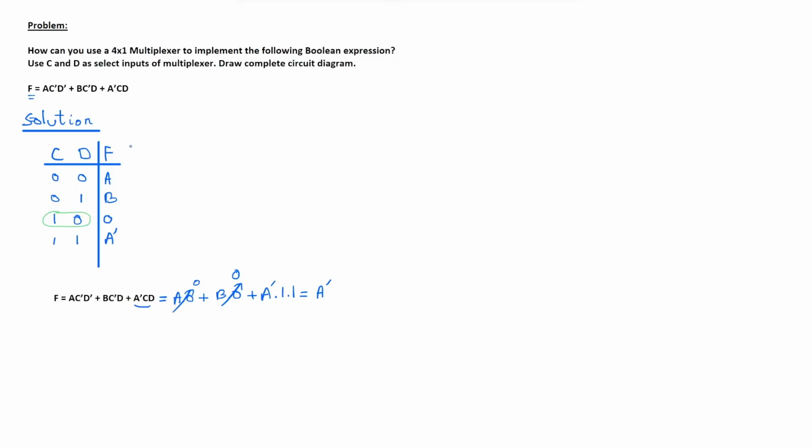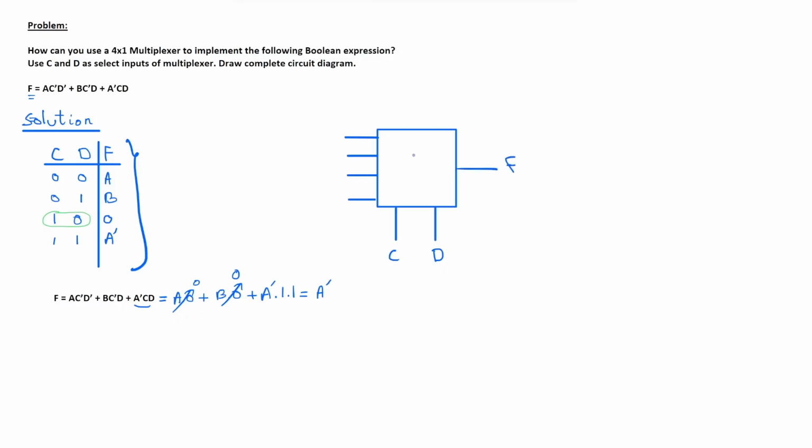Okay, so now we can draw the circuit for our 4-to-1 multiplexer using this truth table. So now this will be a 4-to-1 MUX. We have four inputs. We have two select lines, those are C and D. And we have one output, which is F in this case.